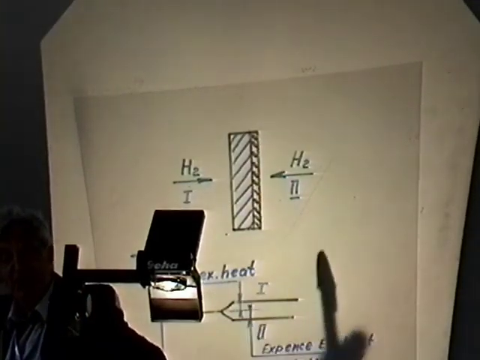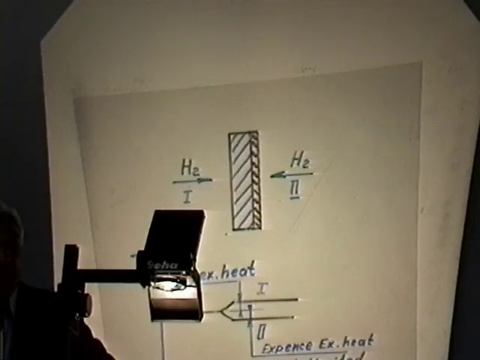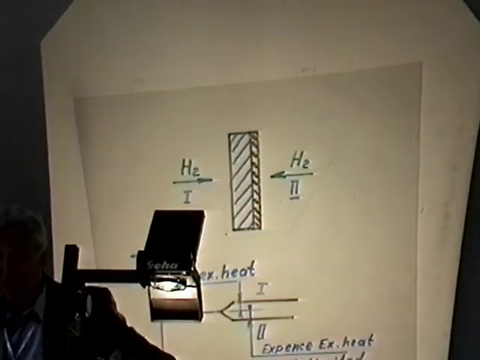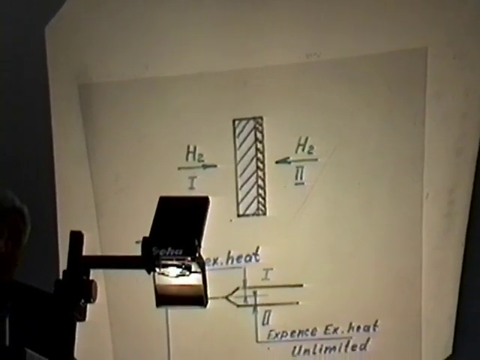This sample with coating needs to be heated up to a definite temperature. Then hydrogen needs to be passed through this sample.